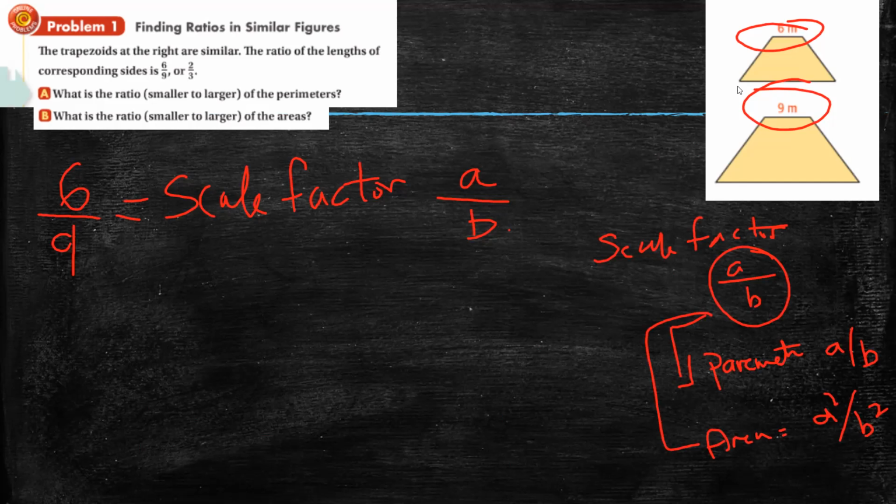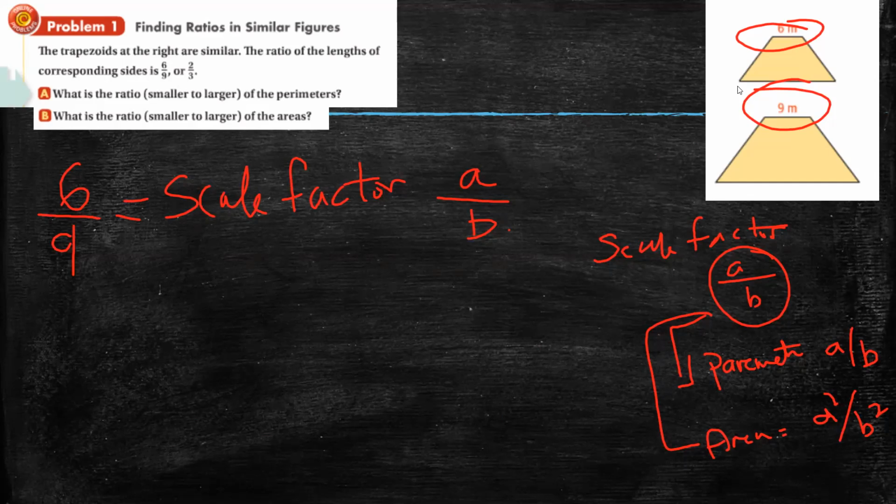Later on, we will talk about volume, and you will say A cubed over B cubed. So if I give you the scale factor A over B and ask about the ratio of the perimeters, it's A over B. And if I ask about the ratio of the areas, it's A squared over B squared.